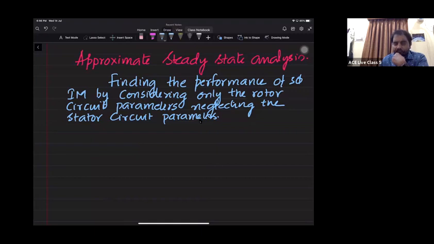Please try to pick up the numericals from power flow, power stages, and this torque calculation. If you know the content and the procedure, you can solve all the numericals. I'll give the logic, don't worry.